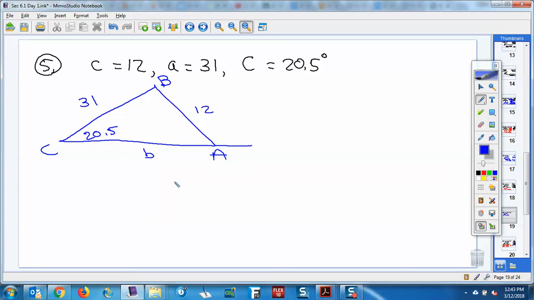Once you get it drawn, you can look up here. Okay, agree with the drawing? How many people are already going on and doing some calculating? Yeah, okay. So, that's fine.